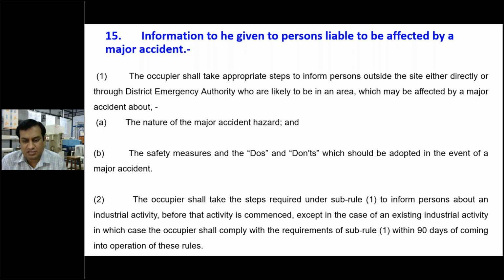Whatever the nature, whatever the level, all this information should be given to the persons, after modification or after adding a new industrial activity. That should be done within 90 days of coming into operation of this rule.